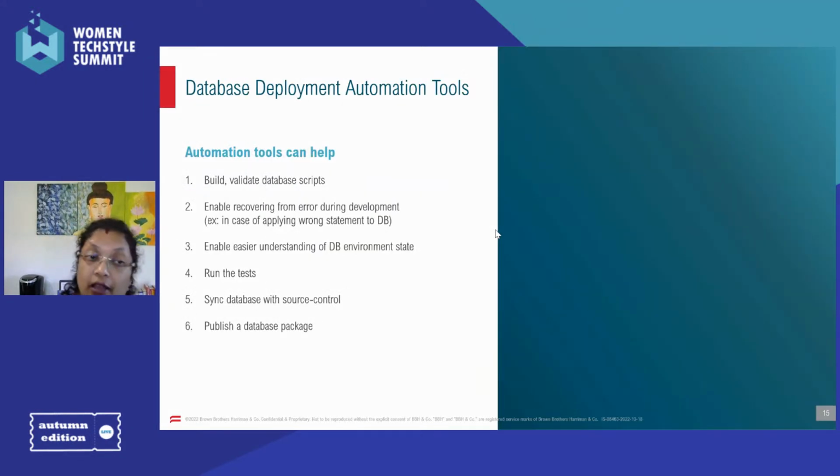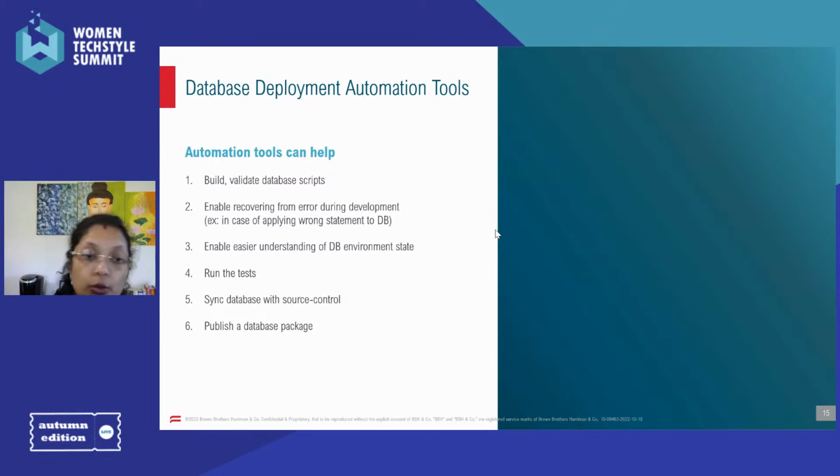So there are database deployment automation tools, and what do they bring to the table? They'll help you build and validate database scripts. They will enable recovery from errors during development, that is, in case of applying wrong statements to the DB. They enable easier understanding of the database environment state. You can run tests, similar to how you would run unit test cases for any application.